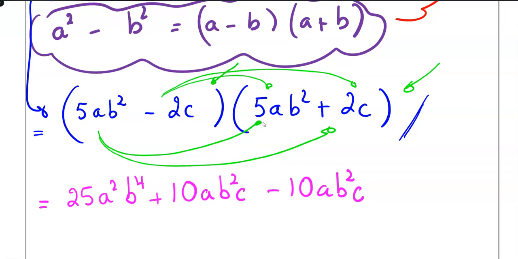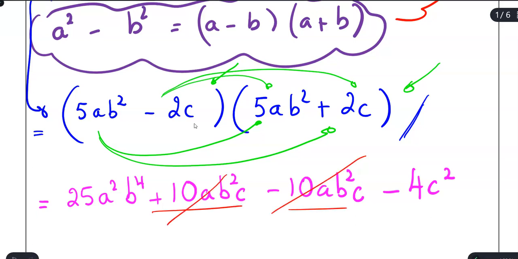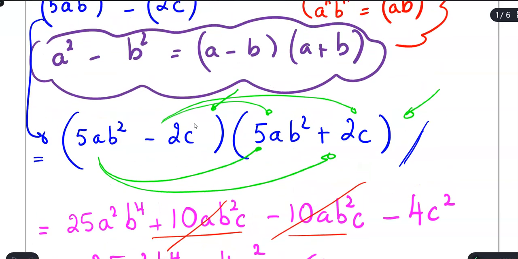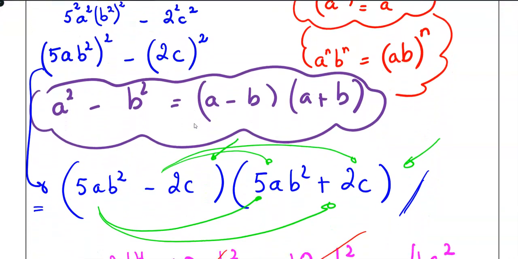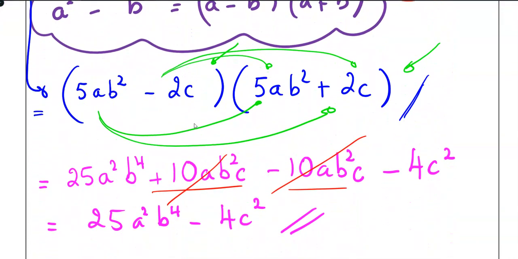And then positive 2c multiplied with negative 2c gives negative 4c squared. If I collect the like terms, you see these two cancel out, and my final answer is 25a squared b to the exponent 4 minus 4c squared. So I get back to my original expression of 25a squared b to the exponent 4 minus 4c squared.